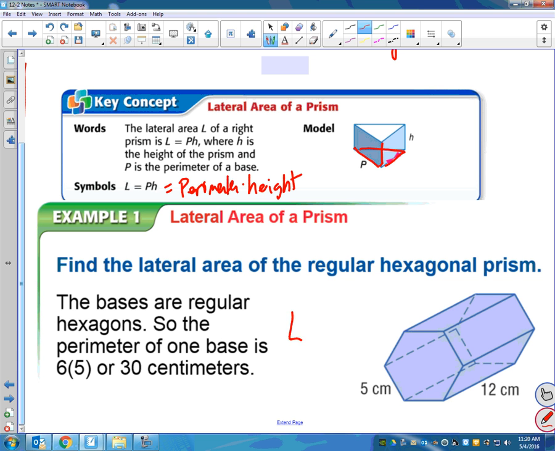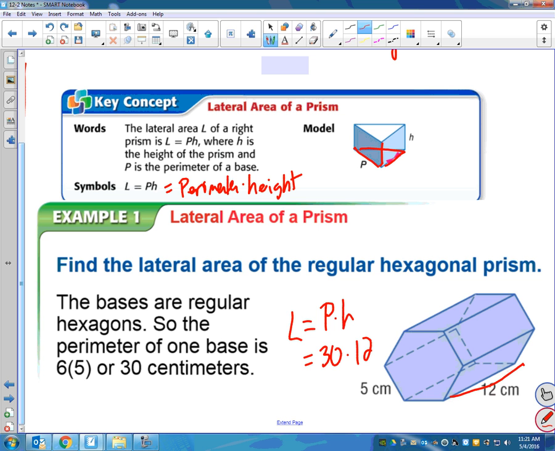So if I wanted to find the lateral area, I'm just going to take the perimeter of the base, which is 30, because 5 times 6, 5 centimeters, times the height. And then the height of that lateral face is 12.